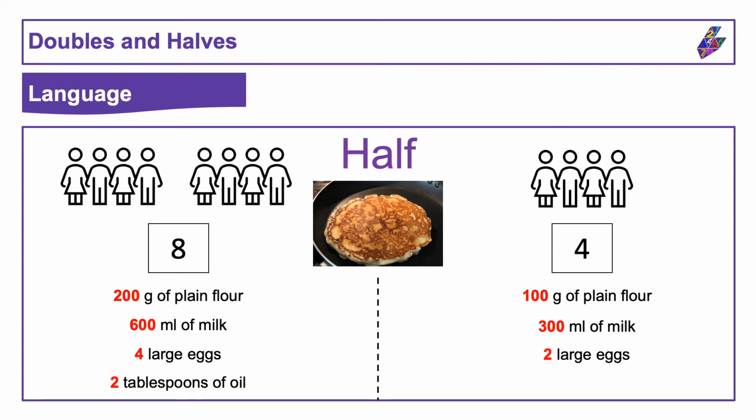And 1/2 of 2 tablespoons of oil is 1 tablespoon of oil. For each of the ingredients, we need 1/2 as much if we want to make 1/2 the amount of pancakes.